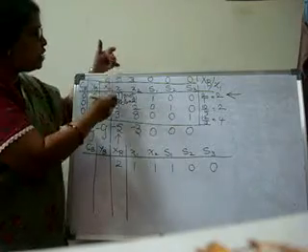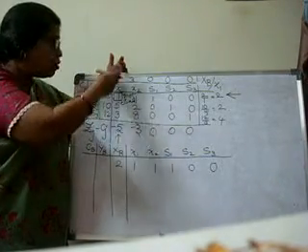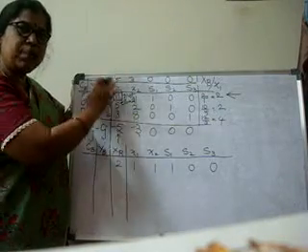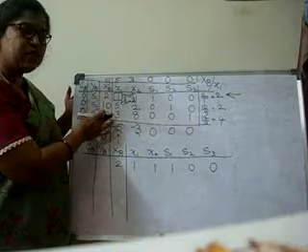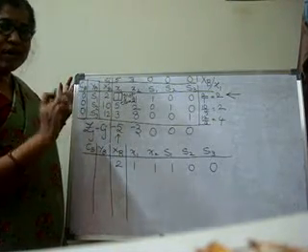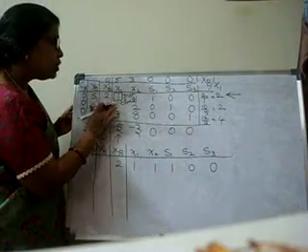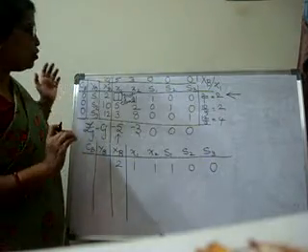Now, wherever the pivotal element is there, in that pivotal element column all the other elements should be 0 and the pivotal element should be 1. To convert the other elements into 0, we are going to use our matrix conversion method. How we are going to do? Now I have to make this 5 into 0. How am I going to take?